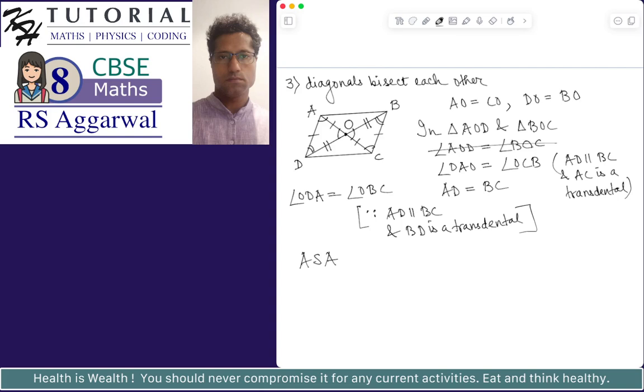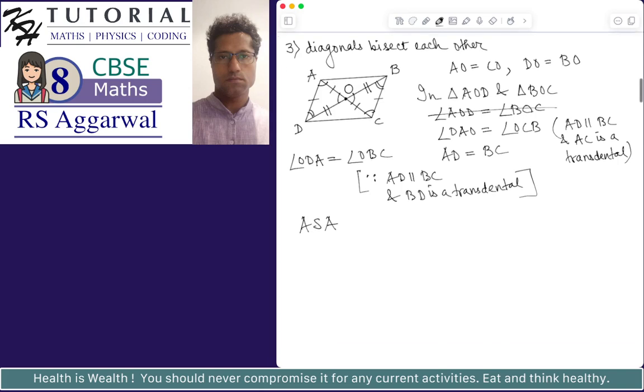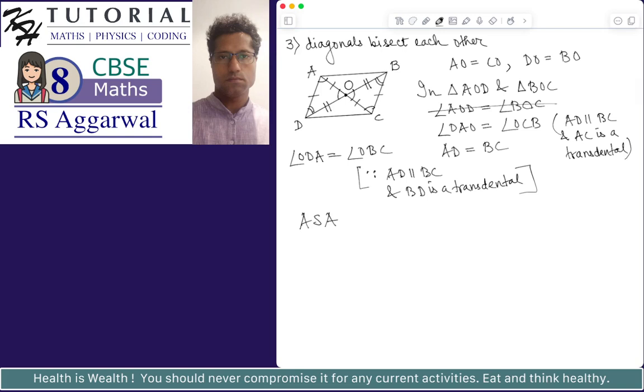Now the side must be included between the two angles. So we can see that AD, we know that, the side AD is included between the angles ODA and DAO.